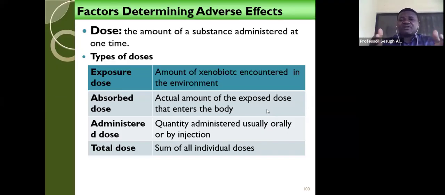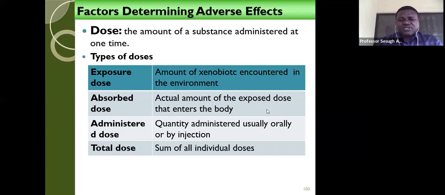The exposure dose can be likened to how much is available in the environment that you got in contact with, and the absorbed dose is what has entered the system or the blood system, so to speak.